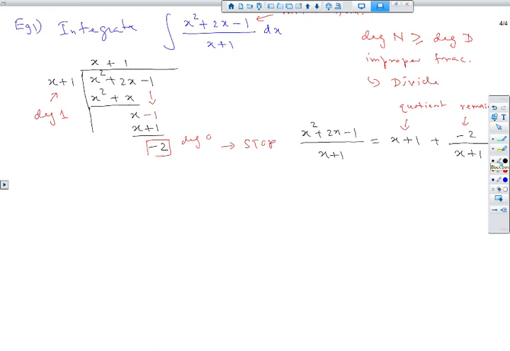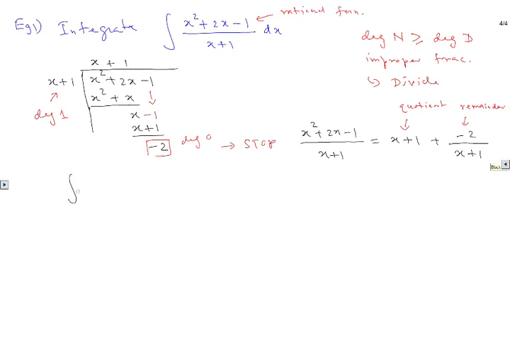So now we can finish the rest of the problem. We can integrate x squared plus 2x minus 1 over x plus 1 dx, and we know that this is exactly equal to x plus 1 minus 2 over x plus 1. Now we're going to integrate term by term.